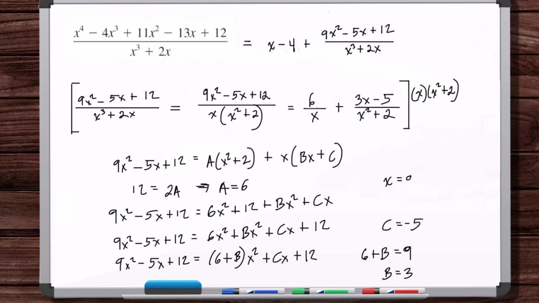Okay, so we'll replace that here. So plus 6 over x plus 3x minus 5 over x squared plus 2. And there you go. That's the decomposition.